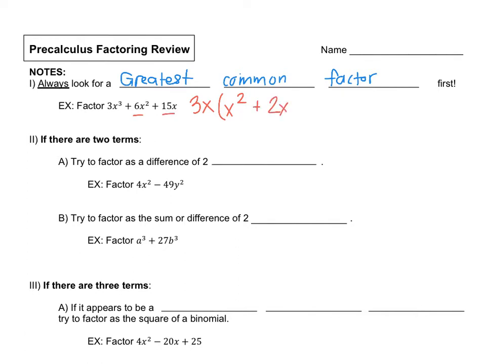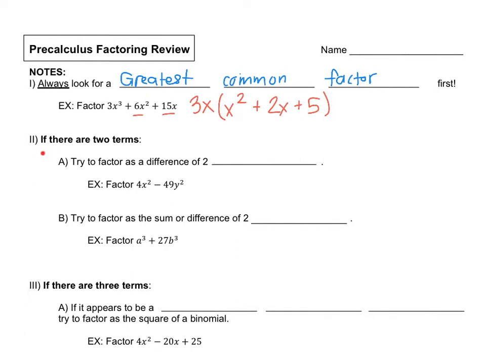And when I factor 3x out of 15x, I'm left with 5. Now I have 3x times this quadratic that I could continue factoring if possible, as opposed to this cubic that looks too hard to factor. So we can go ahead and take that greatest common factor out.